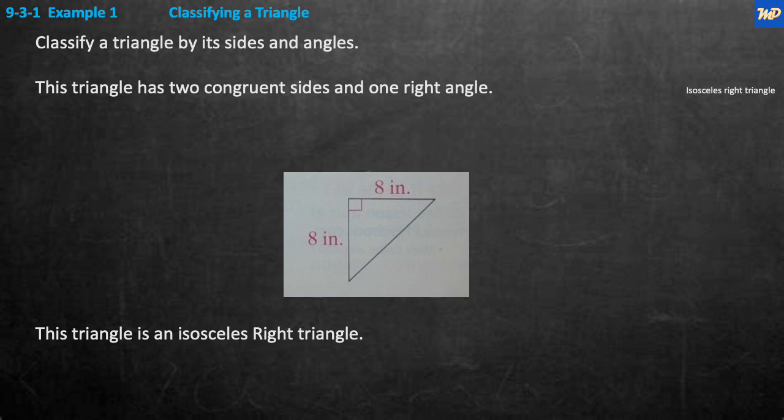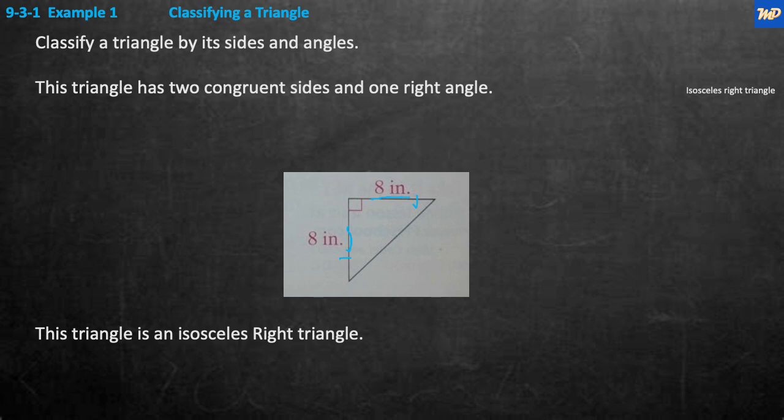Example 1, classifying a triangle. Classify a triangle by its sides and angles. This triangle has 2 congruent sides and 1 right angle. So what type of triangle is this? Here are the congruent sides. We have an 8-inch side here and an 8-inch side here. If I tick mark it, it would be a single tick on each of those.